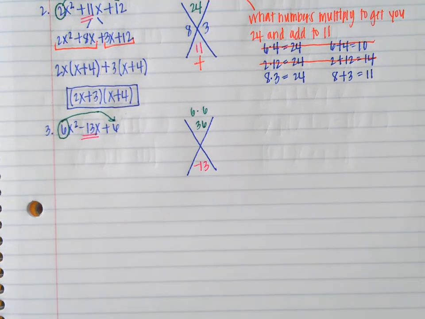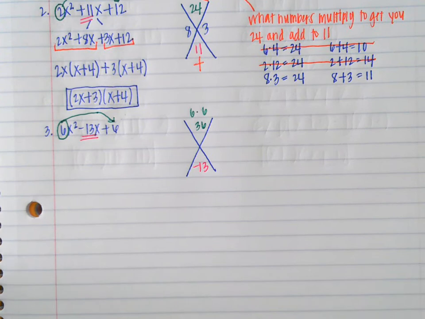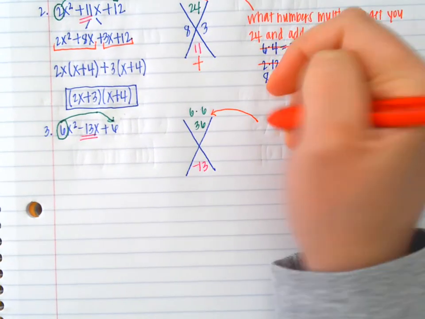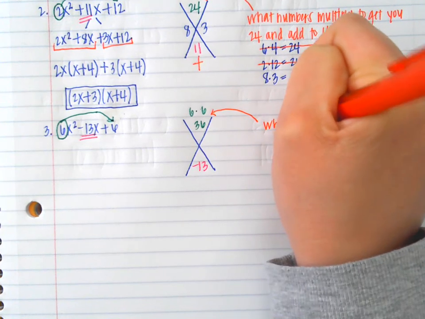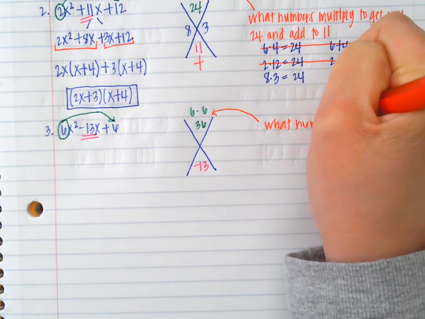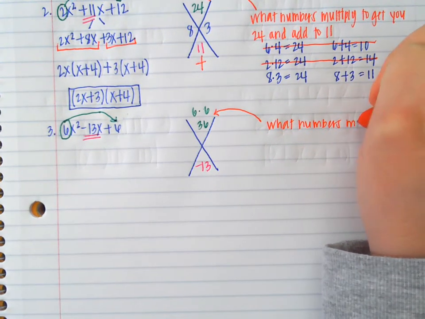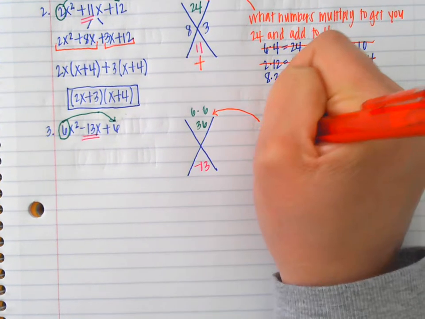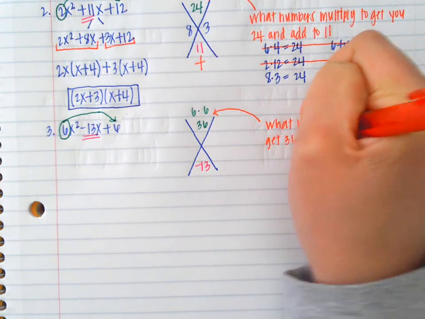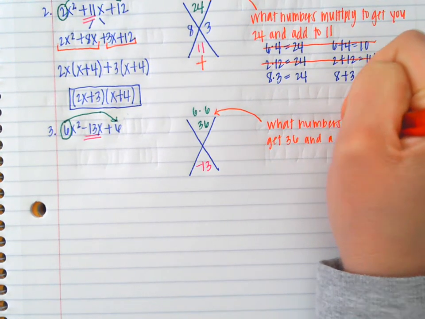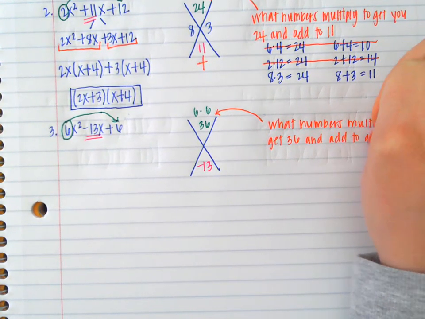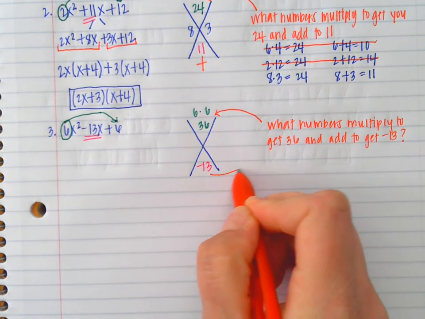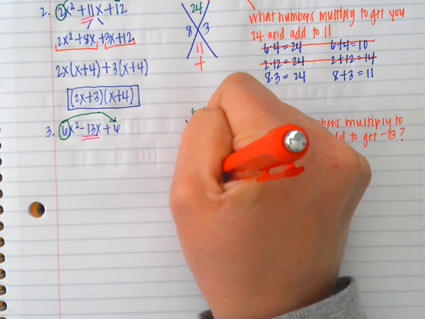So we're thinking, what numbers multiply to get 36 and add to get negative 13. Now, this is a little bit more challenging.